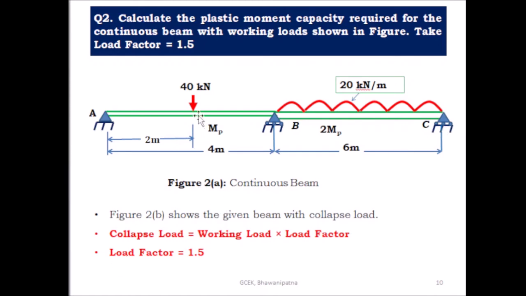So here also the working load is given on the continuous beam. This is 40 kilonewton and this is 20 kilonewton per meter. So first you find out the collapse load. The collapse load is equal to 40 into 1.5, this is equal to 60 kilonewton, and here the collapse load is equal to 20 into 1.5 is equal to 30 kilonewton per meter, because the load factor is given as 1.5.